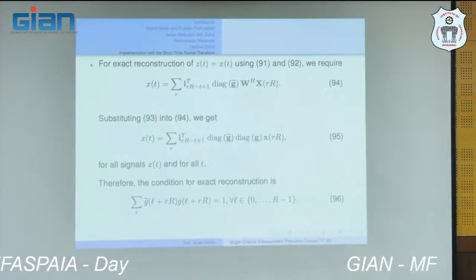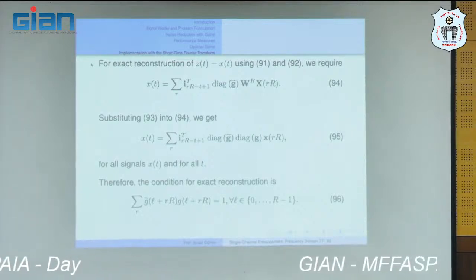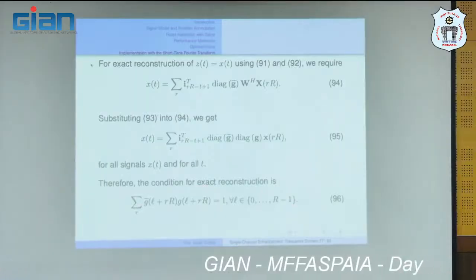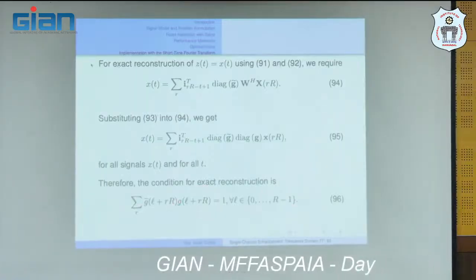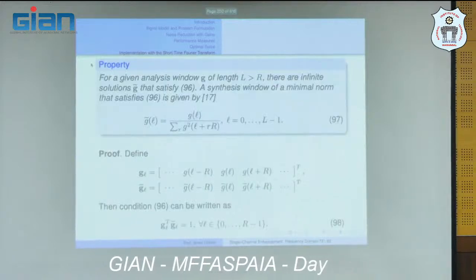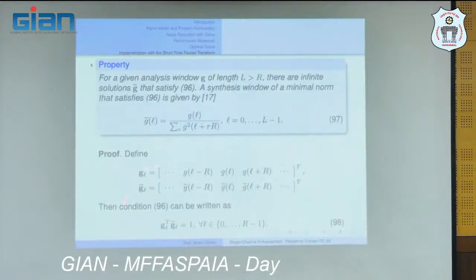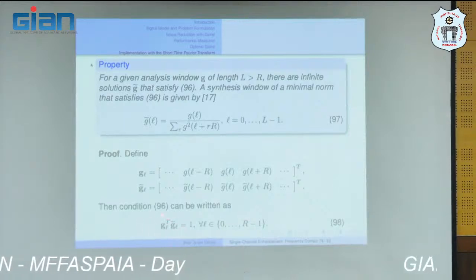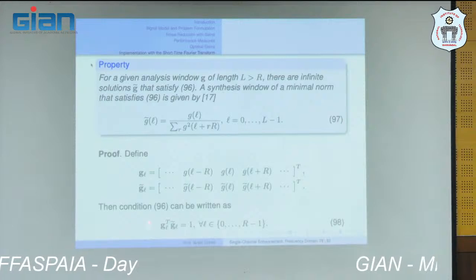Okay, so how do we find G tilde from this equation, the minimum norm solution? We can write it in a vector form like this. This is the perfect reconstruction condition, like here.